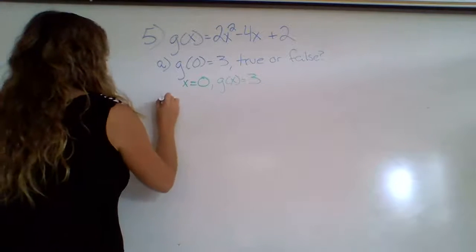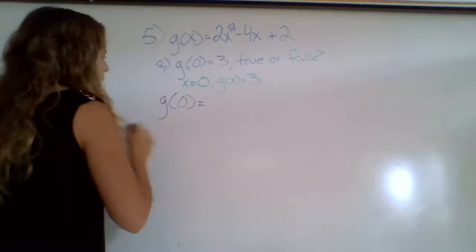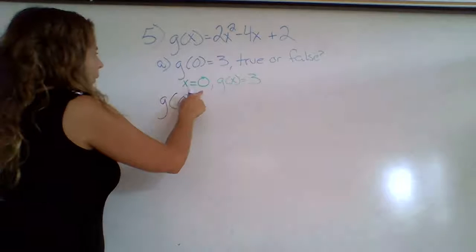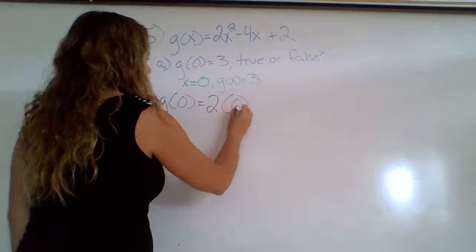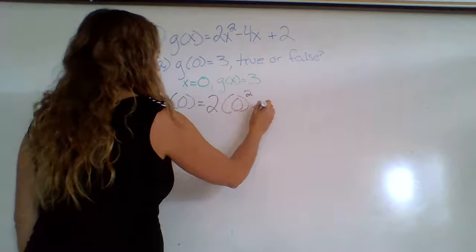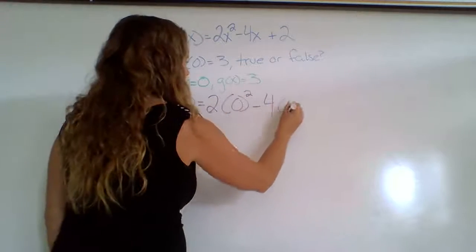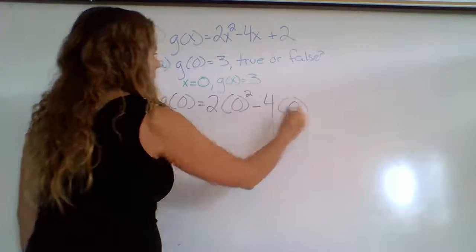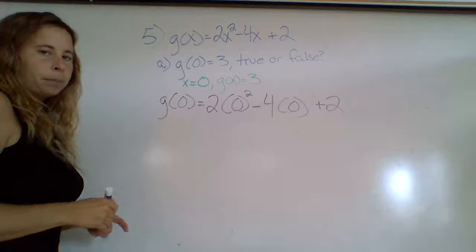So I'm going to go g of 0 equals, now I'm just substituting 0 in for x. So that's 2, substitute it in, 0 squared minus 4. There's an x, so substitute in 0, and then rewrite the plus 2.